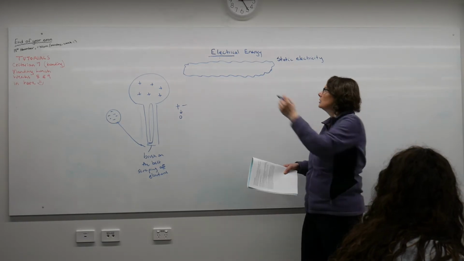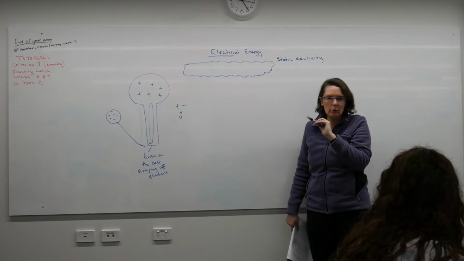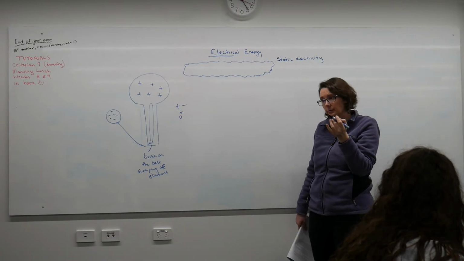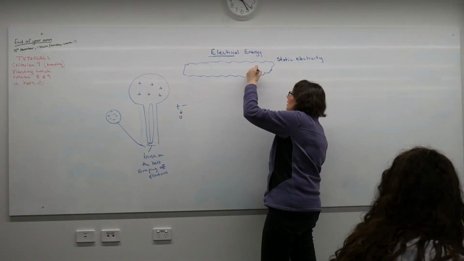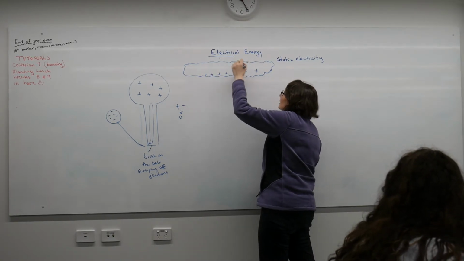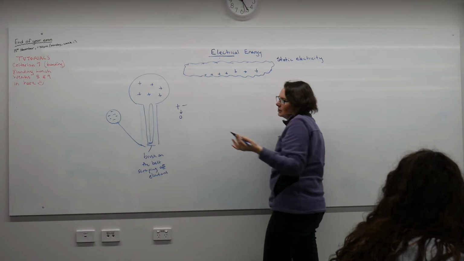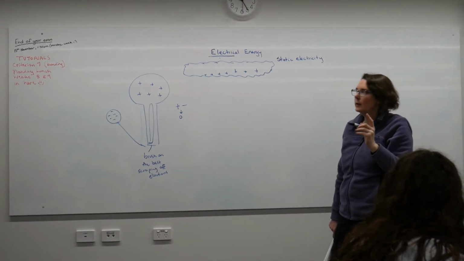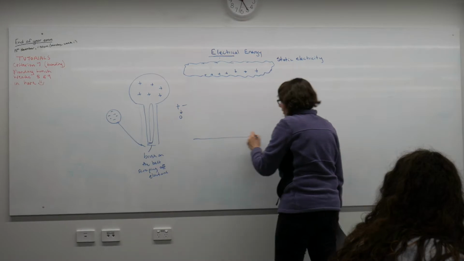And it could be, this is my cloud here, so it could be a storm or something like that. Sometimes there's dry lightning as well. But depending on the circumstances, we can have a build-up of charge. It could be windy.